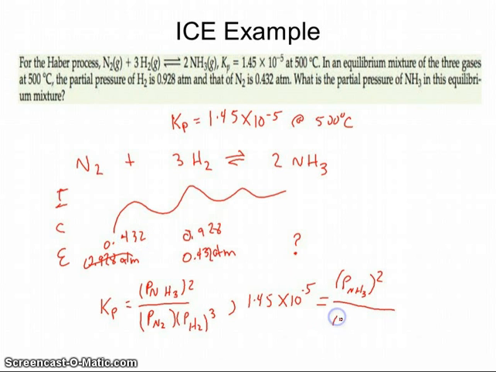So N2 is 0.432 to the first power, and H2 is 0.928 to the third power. And so I can solve that and see what the pressure of NH3 is. And you can do that on your own. All right, again, I'm going to stop here so that we don't run out of time, and we'll complete this series in another video.